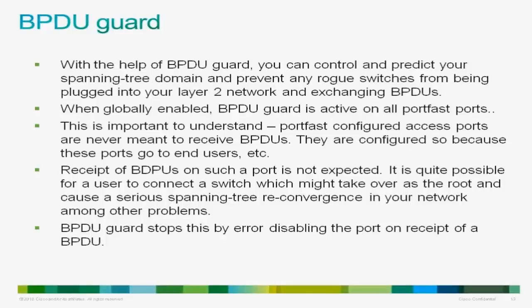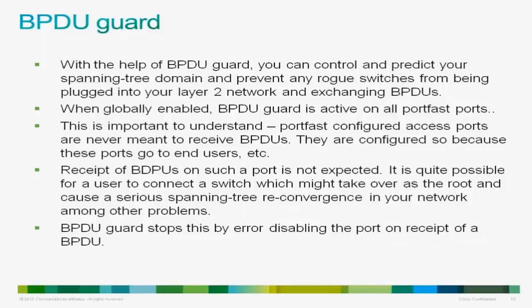So the first main advantage of this is, let's take a situation where you have 6 or 7 switches, and on the 6th or 7th switch you have a host connected to an interface.